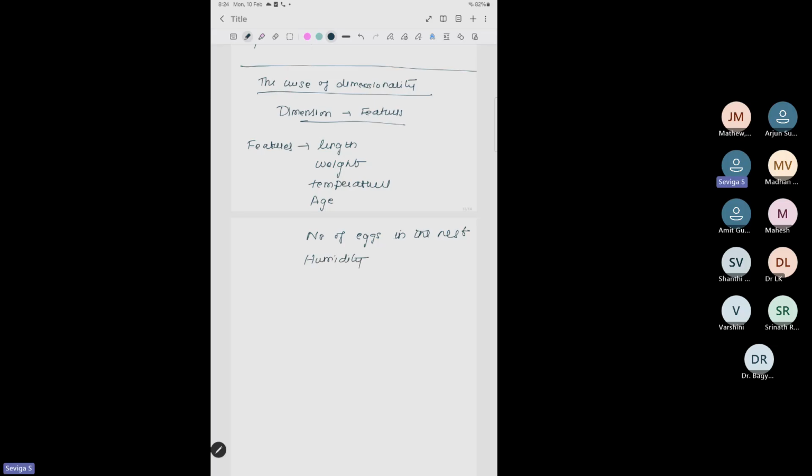So suppose we have 6 features. Earlier we had 2 features, 2 dimensions. Any questions?